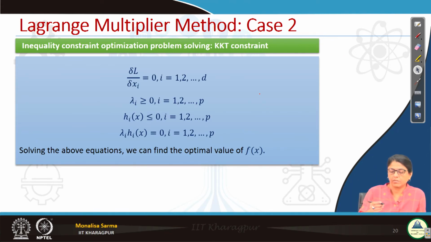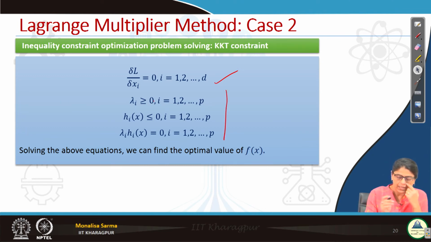First, we have to do first order derivation of this Lagrangian for each attribute xi, which we have done for equality constraint. Likewise, we do it for each parameter xi equal to 0. For the equality constraint, we also did first order derivation with respect to lambda. Here we will not do that. Instead, we have these three constraints.